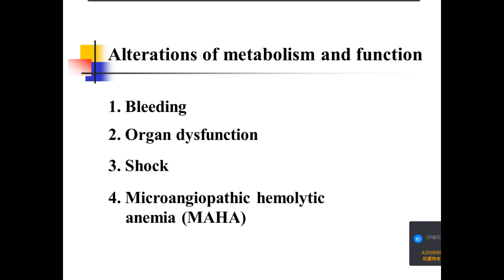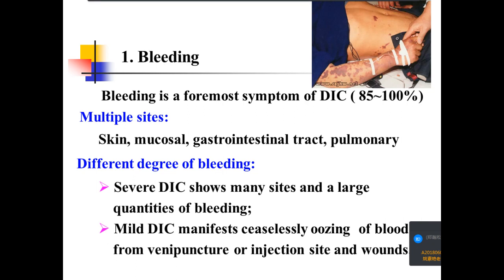Bleeding is the first manifestation of DIC, not microthrombus. We know we can't see microthrombus. So the first manifestation refers to bleeding. What is the first manifestation of DIC? It is bleeding, not microthrombus.